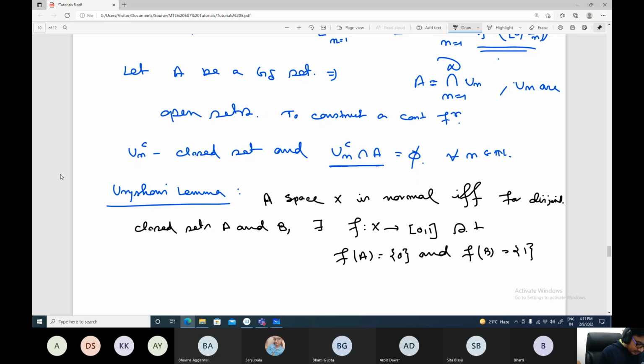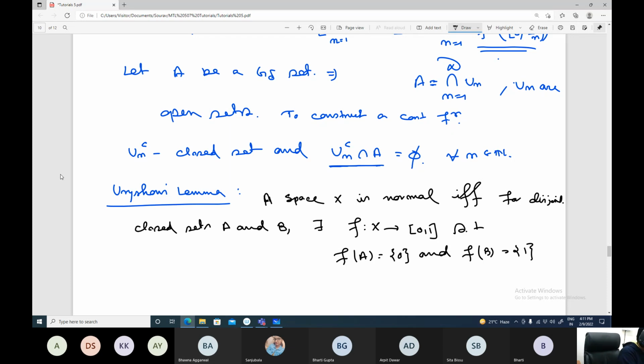In my book, I can see only the one direction: a normal space implies disjoint closed sets are separated by a continuous function.